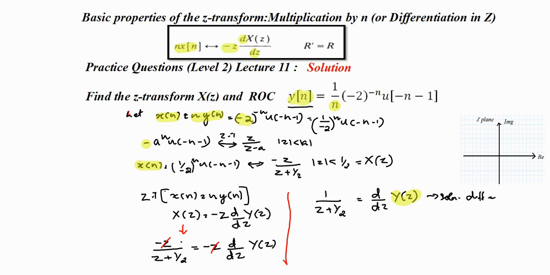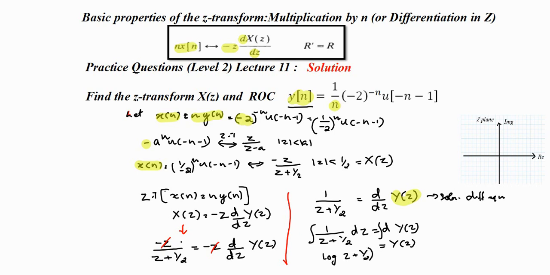I can use a method: I can cross multiply this, so I can write 1 by z plus 1 by 2 dz is equal to dy of z, and I can integrate both sides, so it becomes simply y of z, and this becomes log z plus 1 by 2.